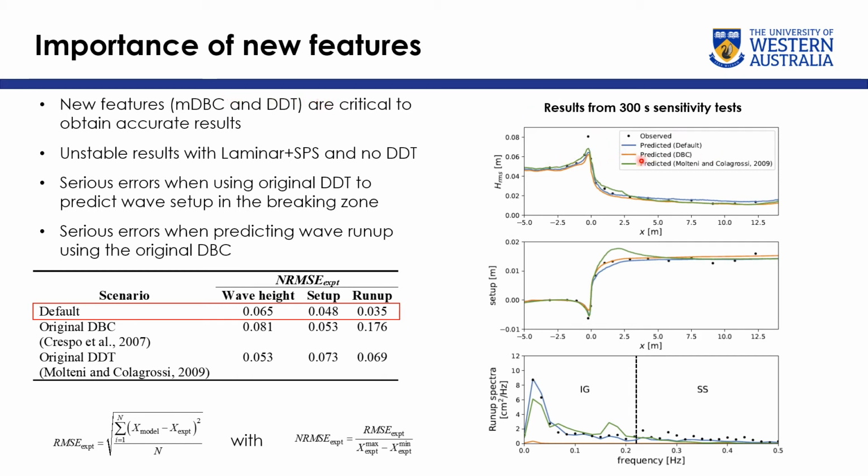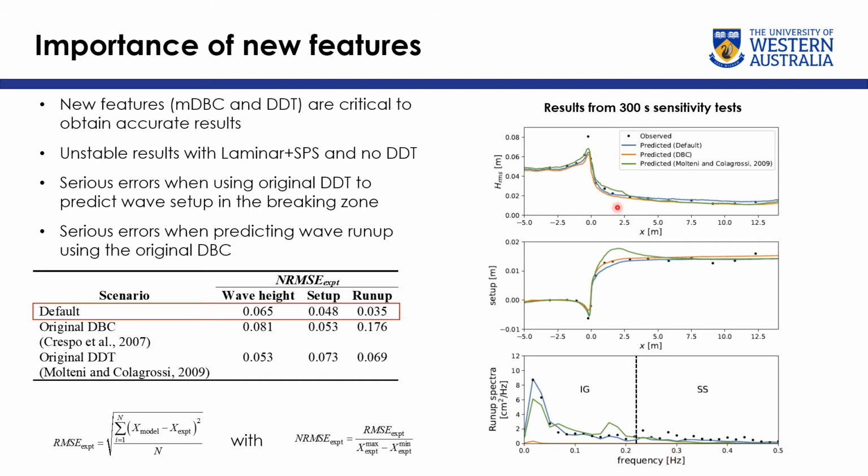As you can see, if we just use the original dynamic boundary condition, the orange line, we get a much greater attenuation of waves across the reef. Setup is okay, but what we find is that as we get across the reef and all the way to the shoreline, that wave run-up is severely underpredicted.